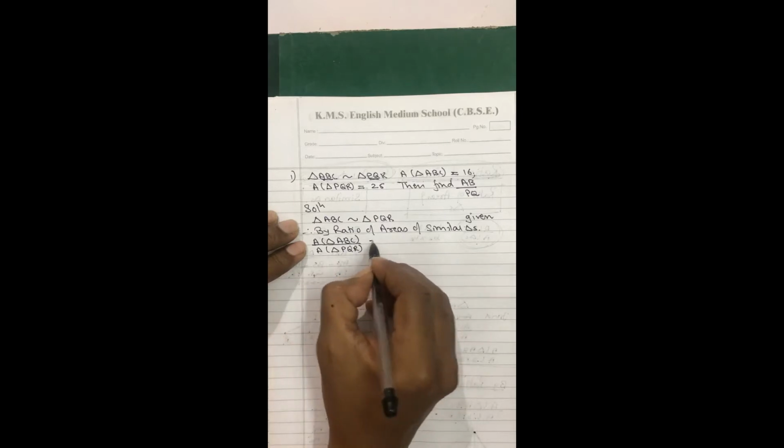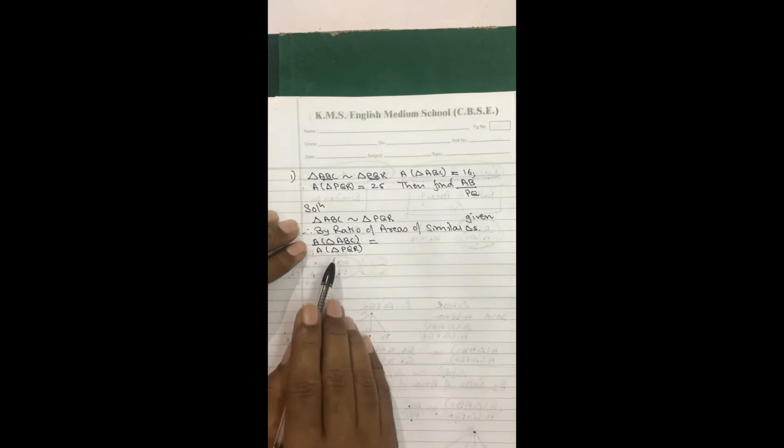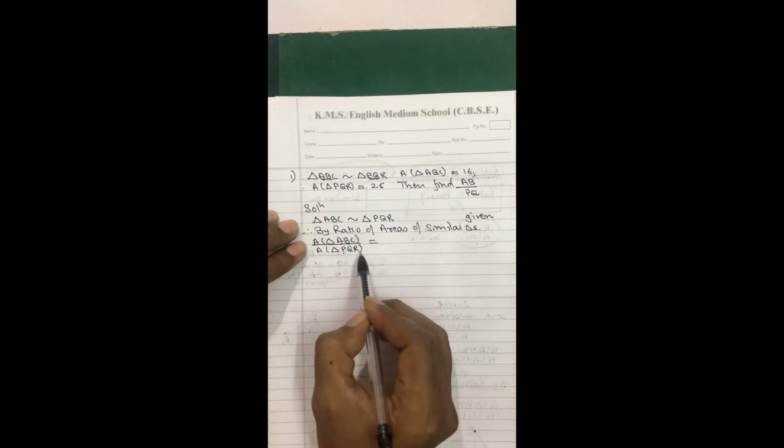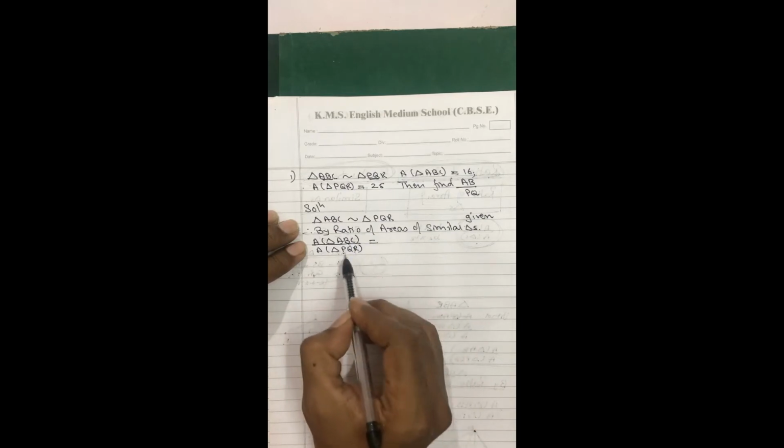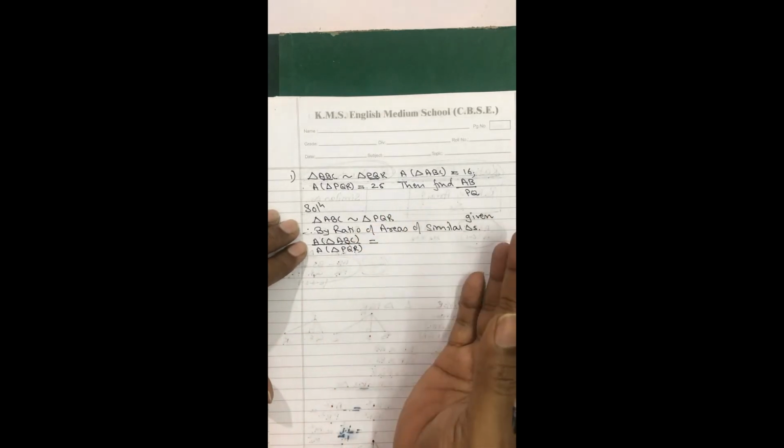That is mandatory. These all are very important. Area of triangle ABC upon area of triangle PQR, and then they want only AB upon PQ. Actually, we can write AB square upon PQ square is equal to BC square upon QR square is equal to AC square upon PR square is equal to P1 square upon P2 square is equal to M1 square upon M2 square. You can write everything.